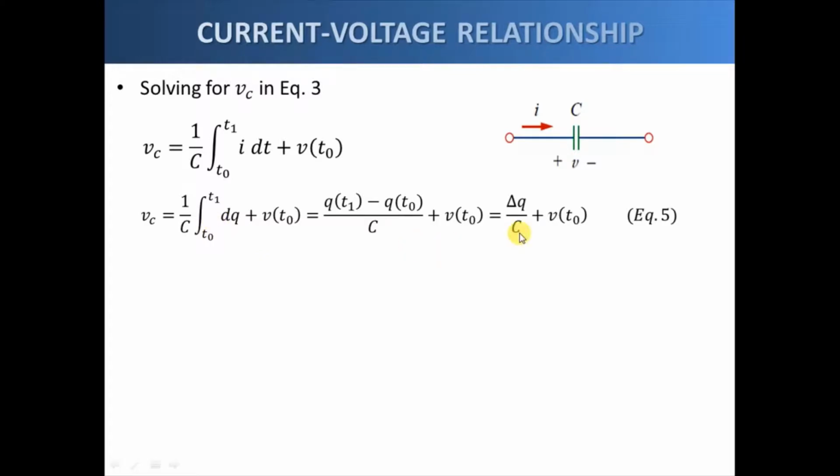Simplifying this shows us that the voltage across the capacitor is really the voltage due to the accumulated charge plus any initial voltage.